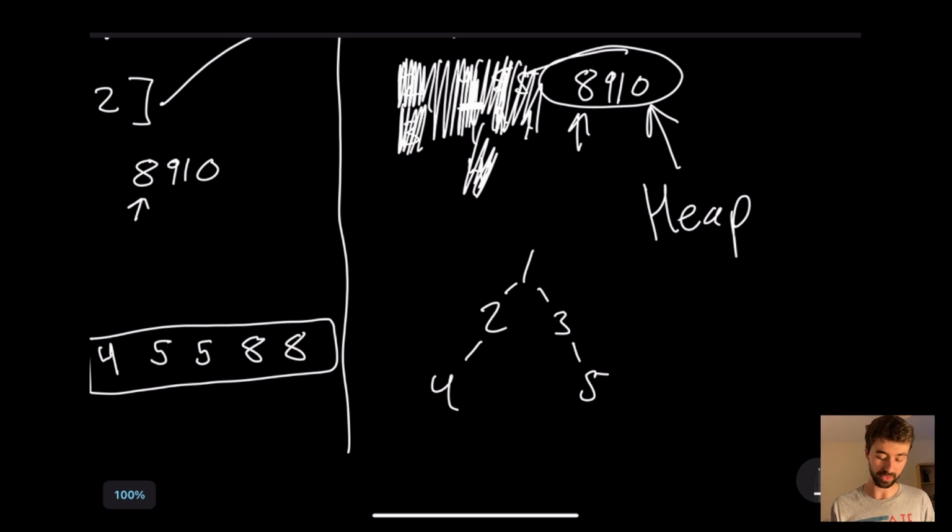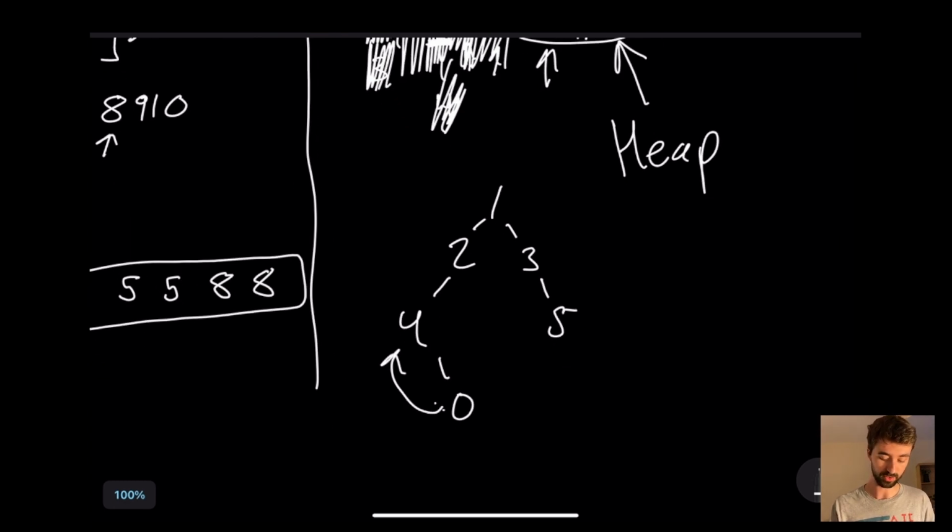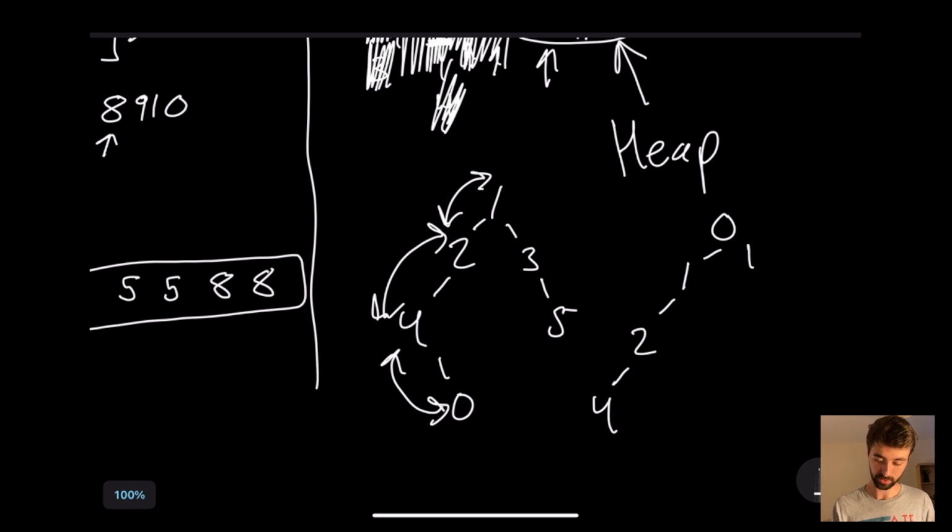And if we added something else to the heap, like a 0, which is the new smallest value, we make a series of switches up the tree such that the 0 would eventually get all the way to the top, which switched with 1, which switched with 2, which switched with 4, like this.